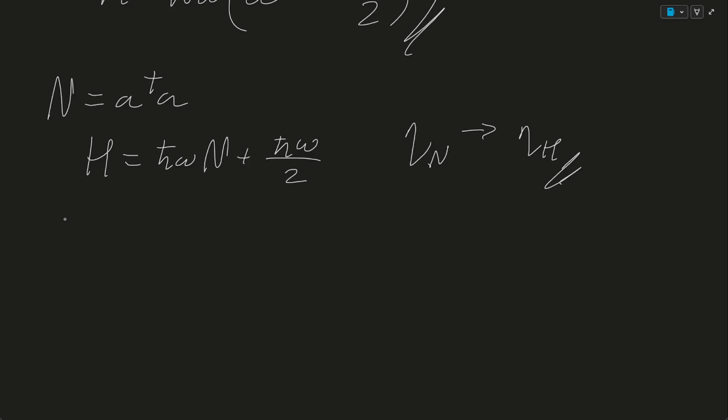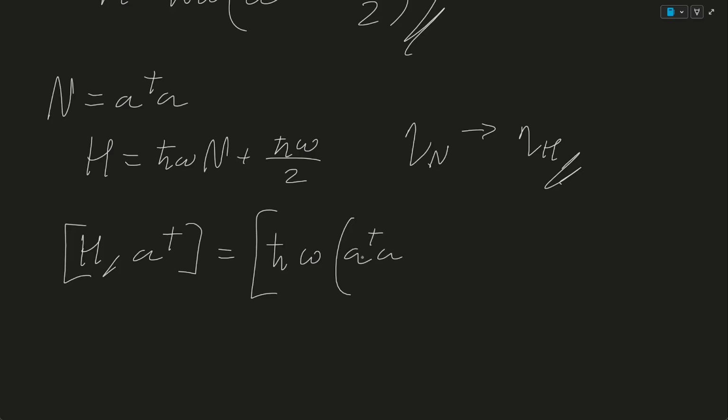So what do we actually do here? Well, first I'm gonna take this commutation with the Hamiltonian and our a dagger, and that is gonna be ħω a dagger a plus half, a dagger, and this is going to simplify.